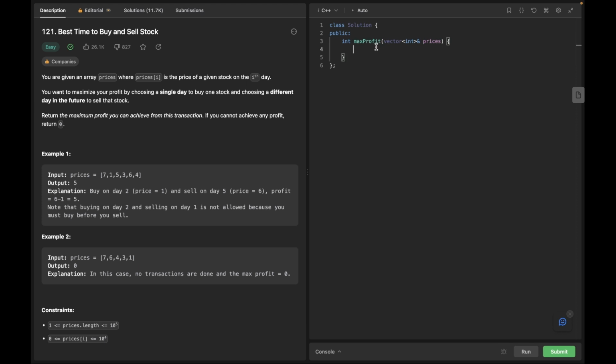So what we will be doing is, we will keep a maximum profit variable which will store the maximum profit as we go past in each approach. We'll initialize it to 0, and then we will start 2 for loops. The one starting from 0 all the way till size minus 1, and the second one starting from the one immediately next to the buying day and going up till the last day.